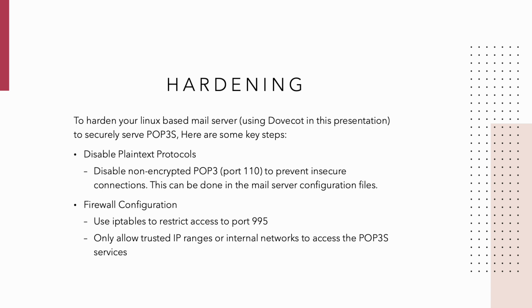This can be done in the mail server configuration files. In the firewall configuration, you can use IP tables to restrict access to port 995. And you should only allow trusted IP ranges or internal networks to access POP3S services.